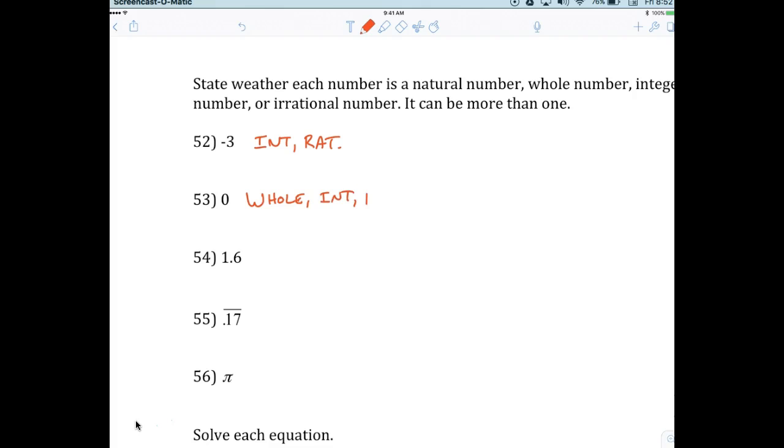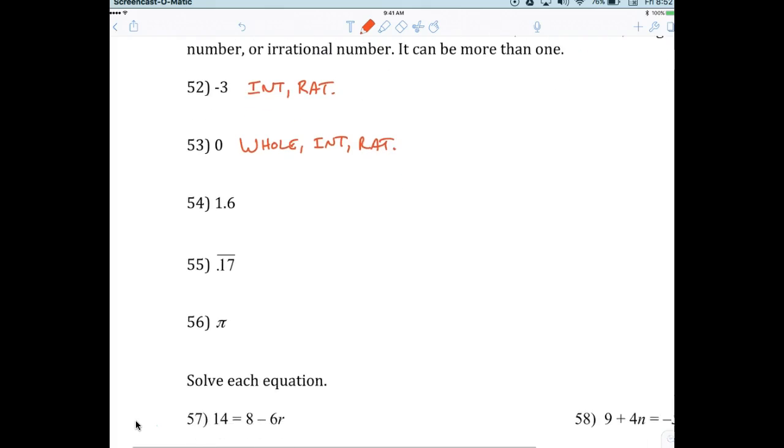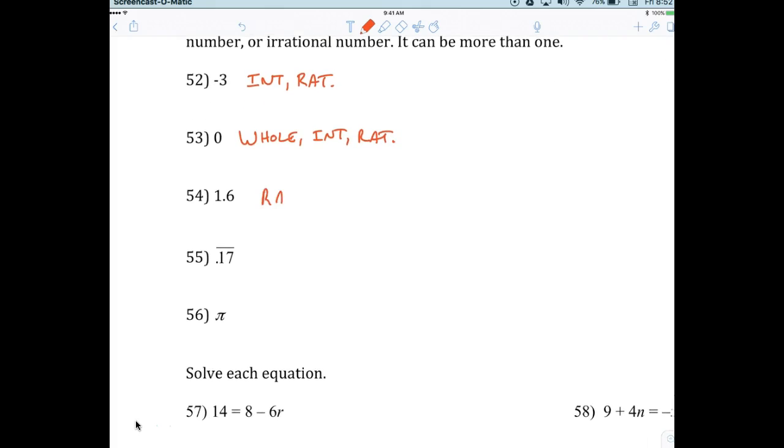And it's rational. 1.6, rational. 0.17 repeated, rational. Pi, irrational. Simple as that. Is everybody pretty good with that?